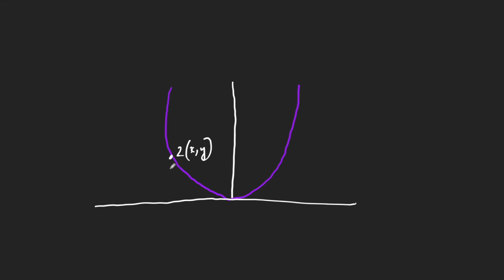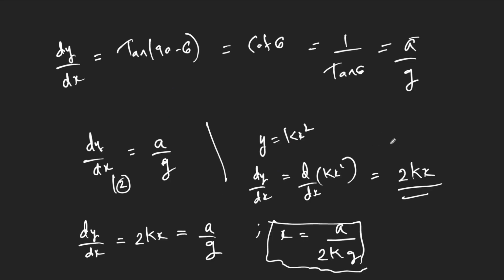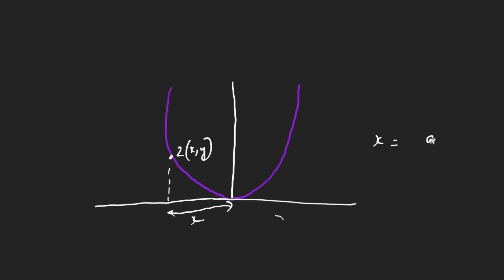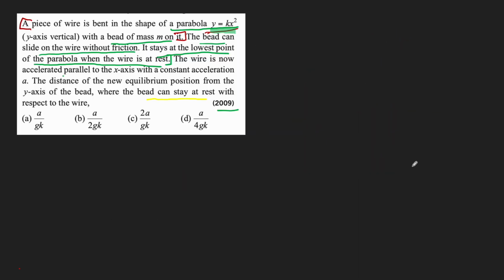This distance is x, and it is obtained as a by 2kg. So let's go back to the question and see whether there is an option. Yeah, you can see option B, a by 2kg. So that must be the answer.